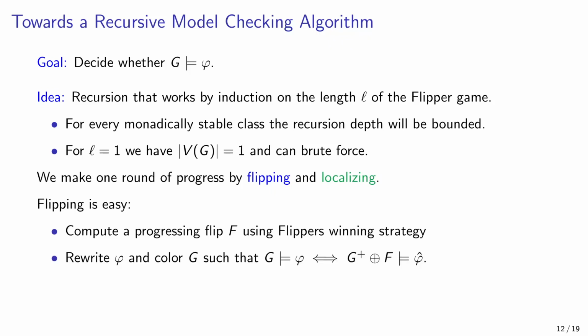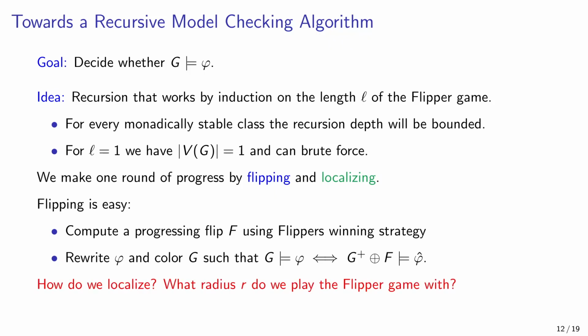We can use flipper's winning strategy in quadratic time, compute a progressing flip, and we can also rewrite our formula phi such that it holds on the flipped graph if and only if the original formula was true on the original graph. So the question becomes, how do we localize, and maybe also which radius r should we even play the flipper game with?